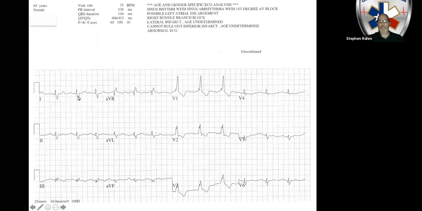If you look out here in 1, you can see this really wicked slurred S wave, and same thing down here in lead V6. And again, here's that right precordial ST depression that we talked about earlier. This is simply a secondary repolarization abnormality. So this would just simply be a quote unquote normal right bundle branch block.